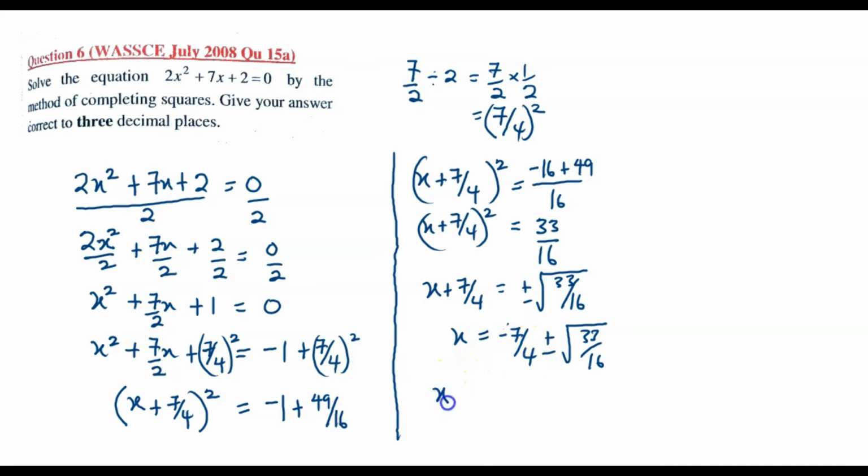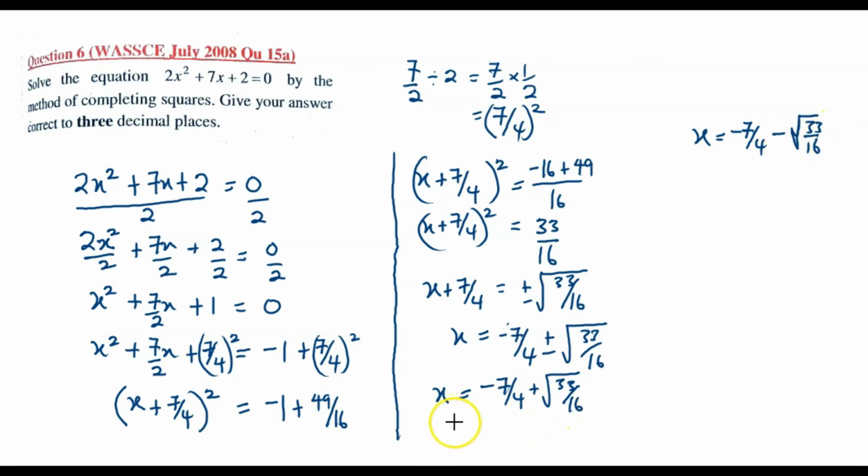This means that x has two solutions. Either x is equal to negative 7 on 4 plus square root of 33 on 16, or x is equal to negative 7 on 4 minus root of 33 on 16.